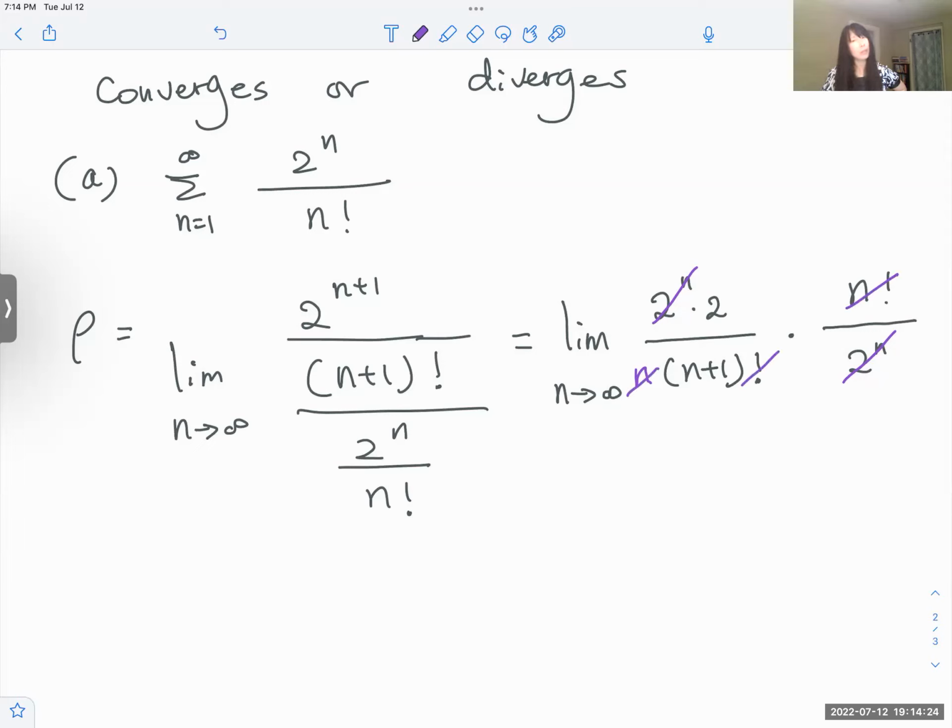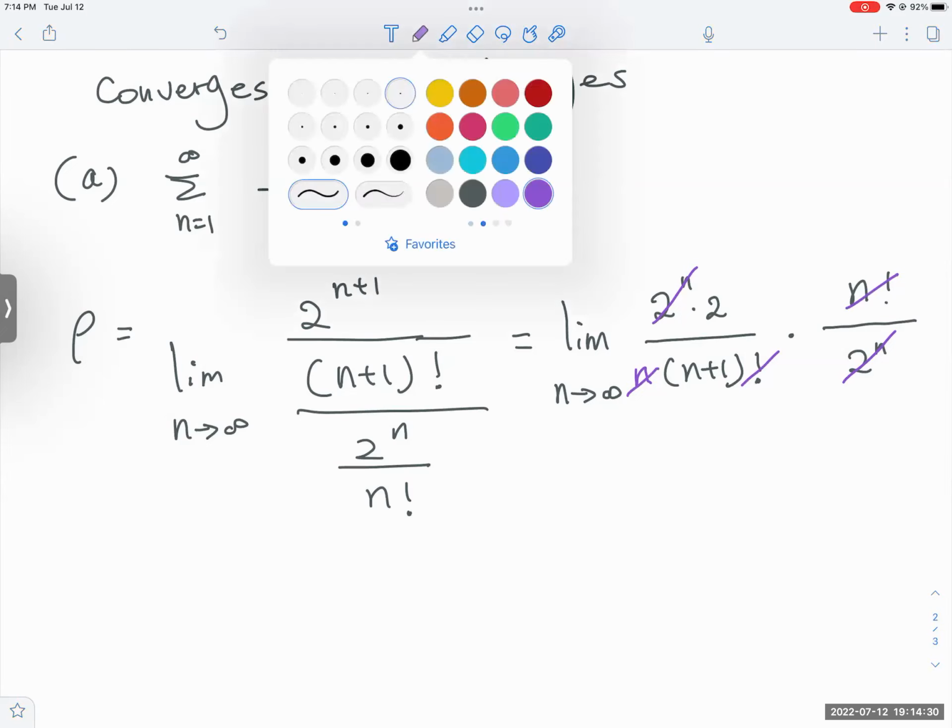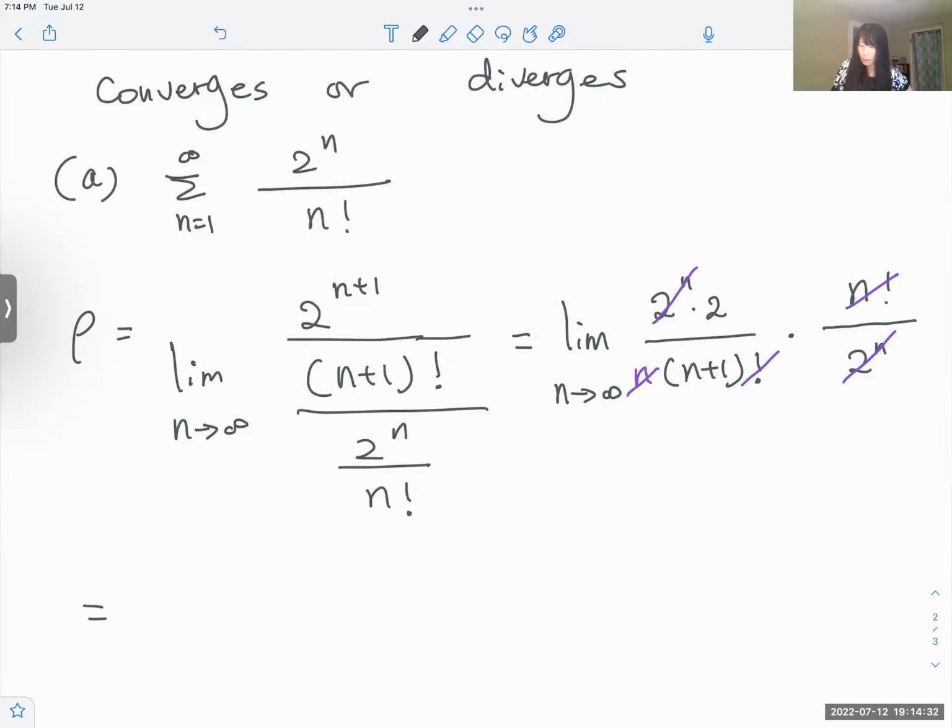Can you see that? Yes. Yes, very good. Then we will have the limit when n approaches positive infinity, and we have 2 over n plus 1 remaining there, right?